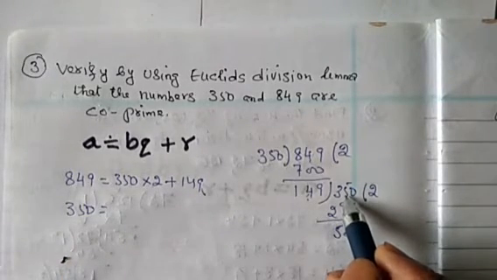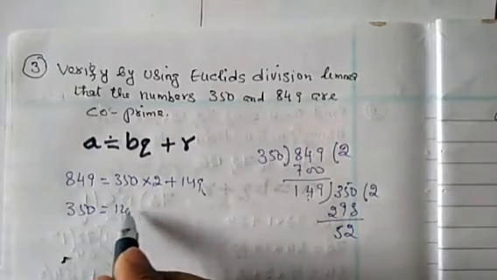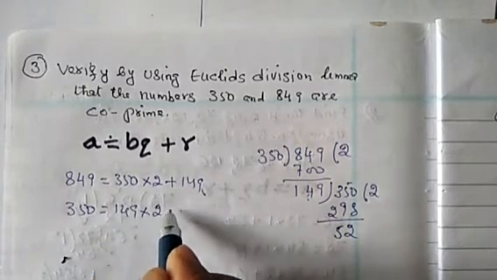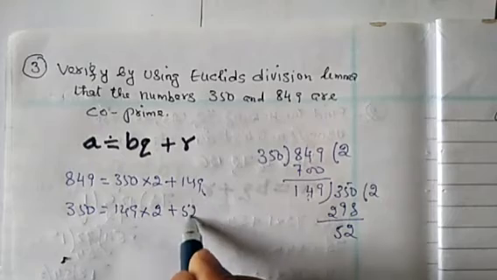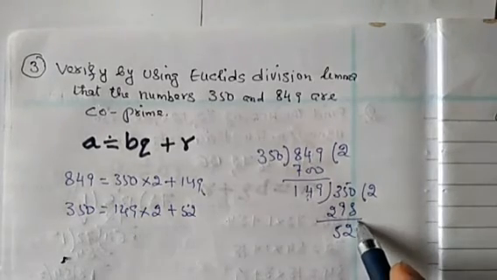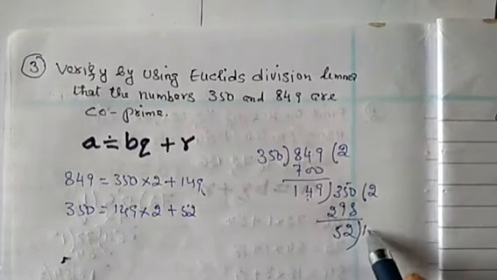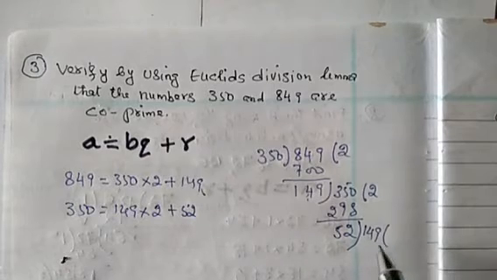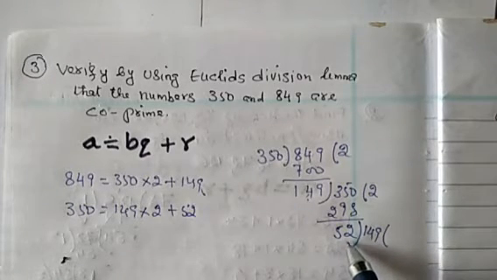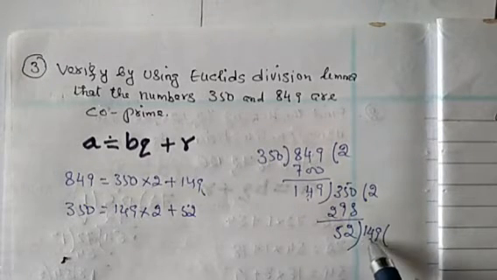Now I'll write this 350. Dividend in the second case is 350, divisor is 149. I got 2 times this plus remainder 52. Now this 52, again I have to find the HCF. It's not the end. So how many times? 3 times will be 447, it will cross 350.